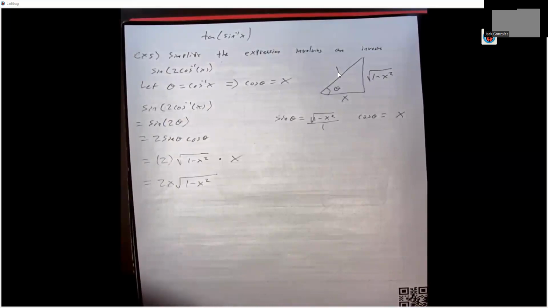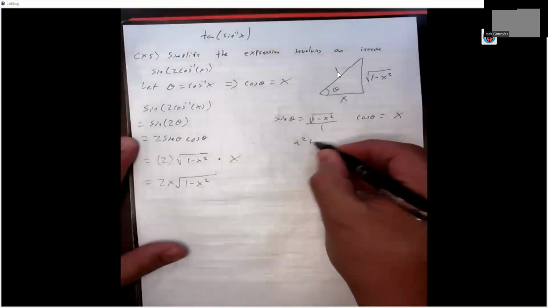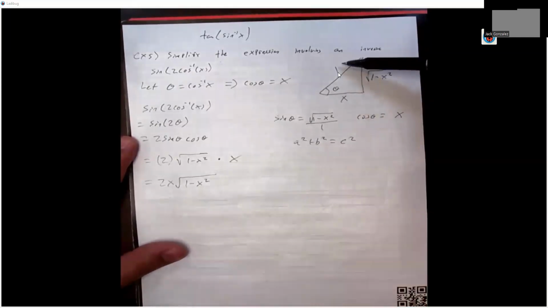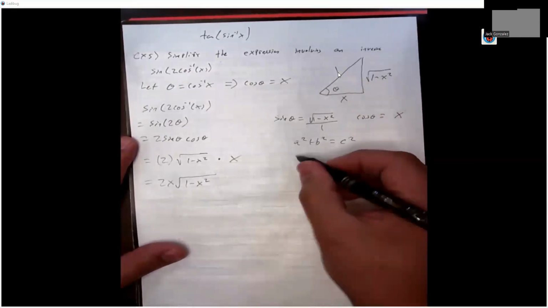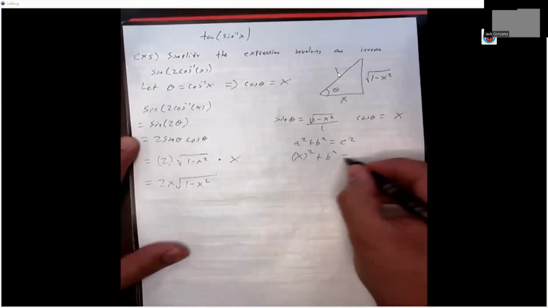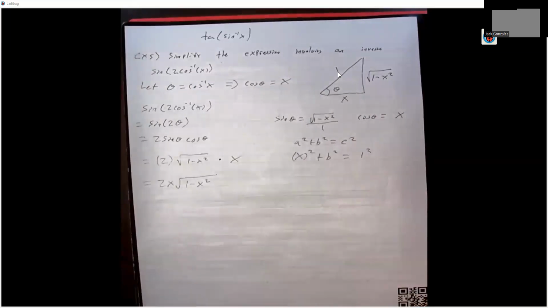Show us how you got that. Which one? Yeah, sure. So we have a squared plus b squared equals c squared. We were only given these two pieces, right? So x squared plus b squared equals 1 squared. Solve for b, or I said a, but whatever. Same thing. These sides can be interchangeable.